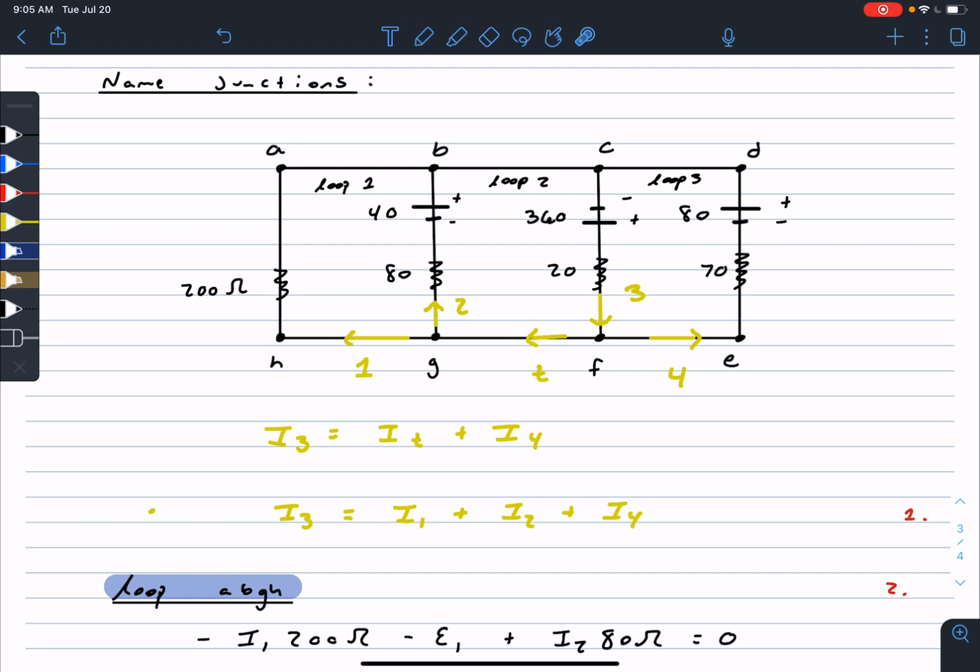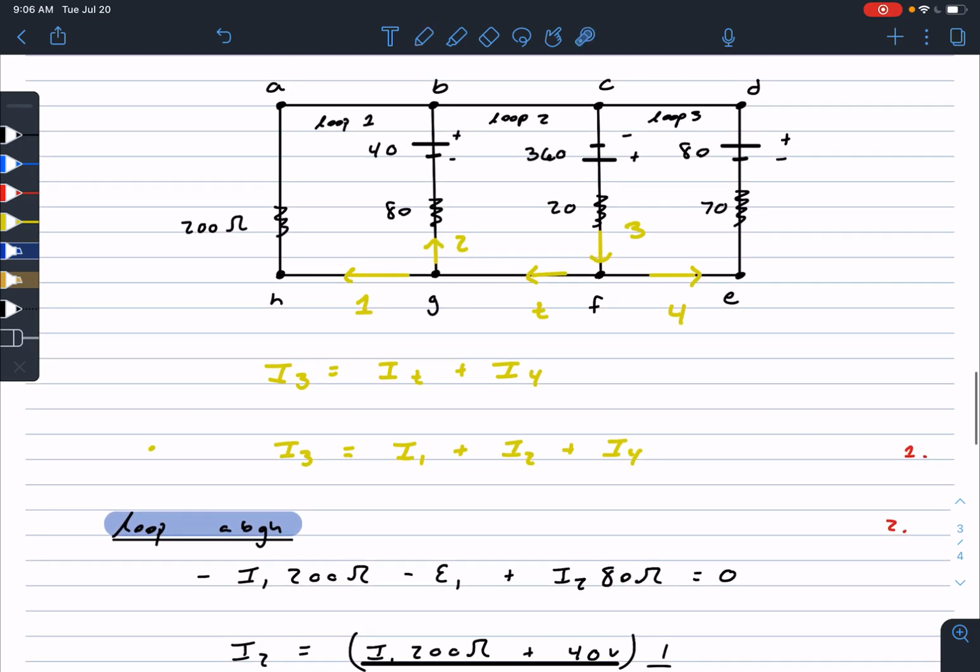Either way is fine, but let's do the outside one. So what is that going to give us? Current 4 is going this way. Let's pick a direction, right? What I've been doing is going this way, so I'm going to just stick with that.